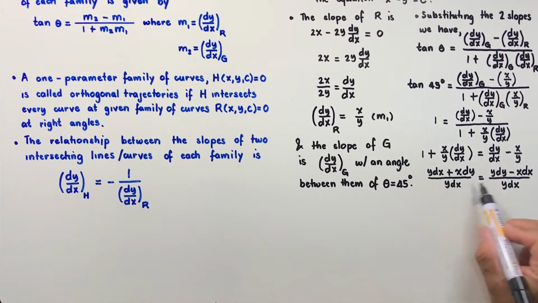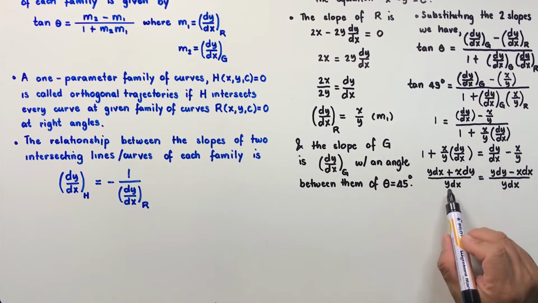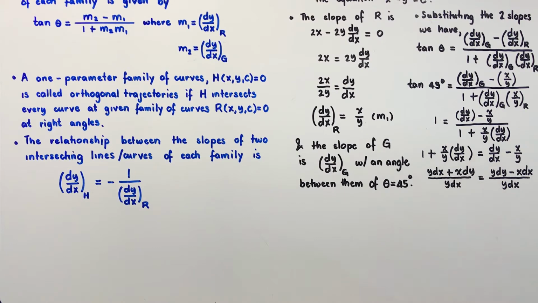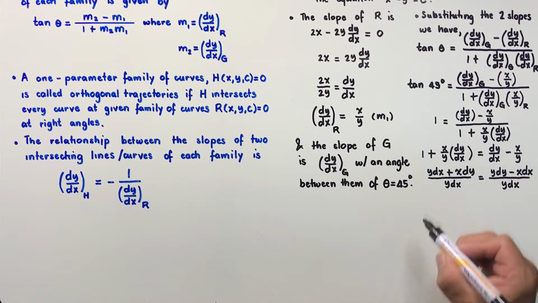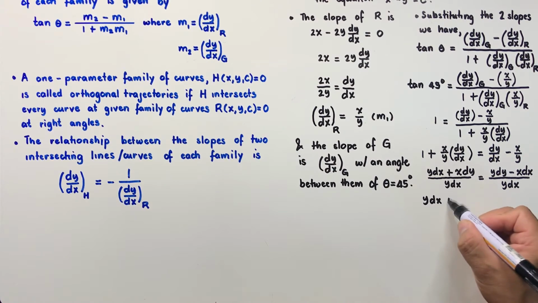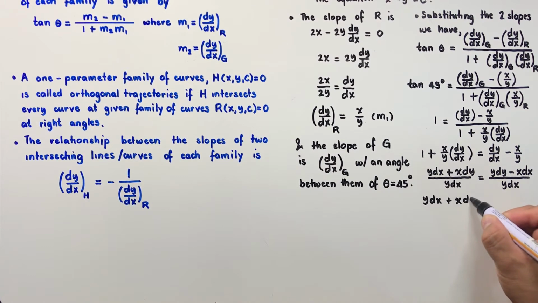So multiplying both sides of the equation by y dx, these two y dx's here will be cancelled. So what remains is y dx plus x dy, and this is equal to y dy minus x dx.